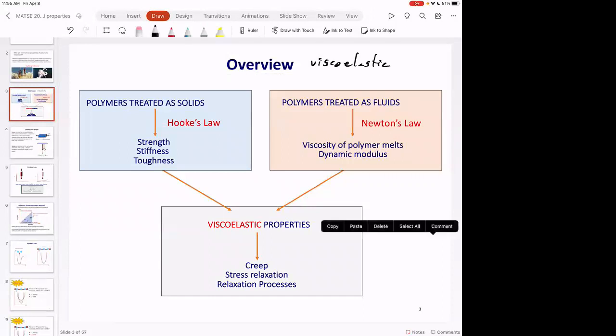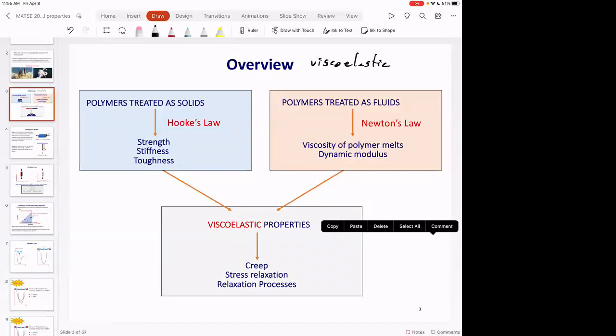And it's easy to see where viscoelastic comes from. They have properties of viscous materials, and viscous materials are liquids. And they have properties of elastic materials, and elastic materials are solids. And so polymers have the properties of both liquids and solids, depending on the situation, depending on the temperature, depending on the time scale, all sorts of stuff.